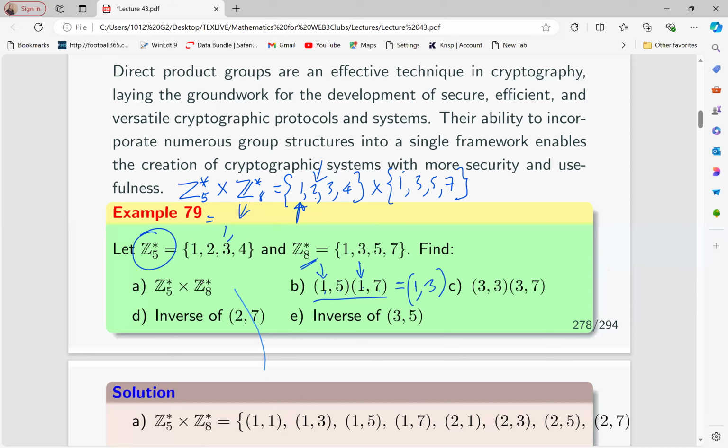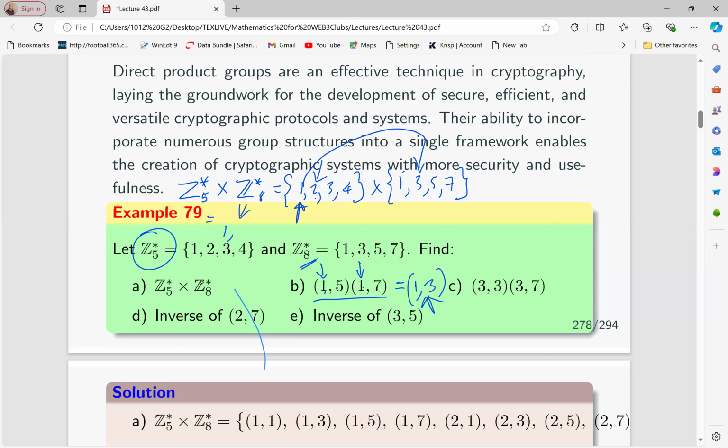Yes. So that is the product, and you can see this is an element of that group. When 1 combined with 3, that is what we got.